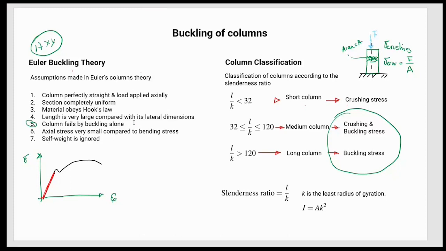Again, this reinforces the fact that Euler works only for buckling stresses, for long or medium columns. But there is a gray area: for columns close to a slenderness ratio of 32, we don't know if we can calculate them using Euler theory or not.